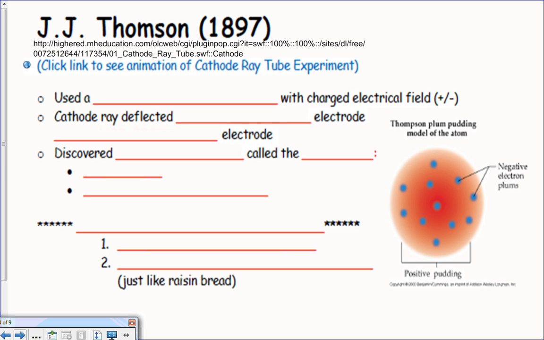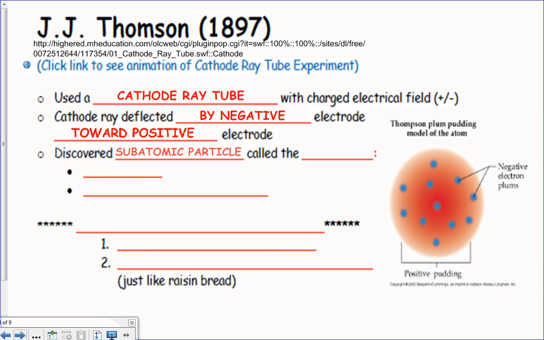Then, towards the end of the century in 1897, Mr. Thomson came around. He used a cathode ray tube with a charged electron field to determine that particles were deflected by a negative electrode towards a positive electrode. So this got him thinking, right?